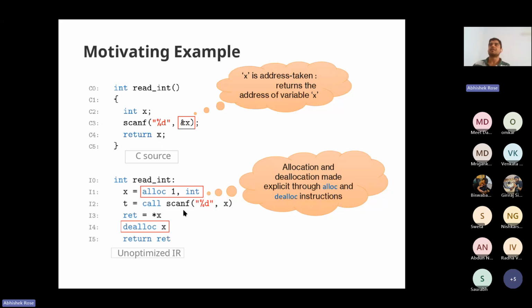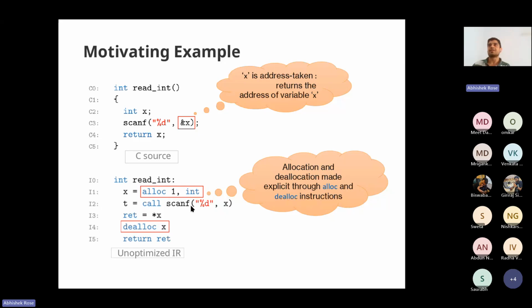In our unoptimized IR, which our system deals with, the allocation and deallocation of x is made explicit through alloc and dealloc instructions. So in the instruction I1, we can see that x is assigned through an operator called alloc, which allocates x.